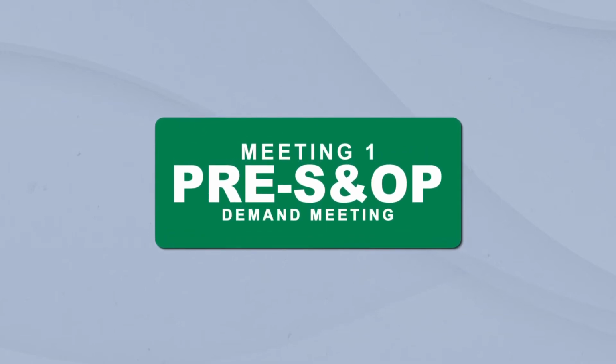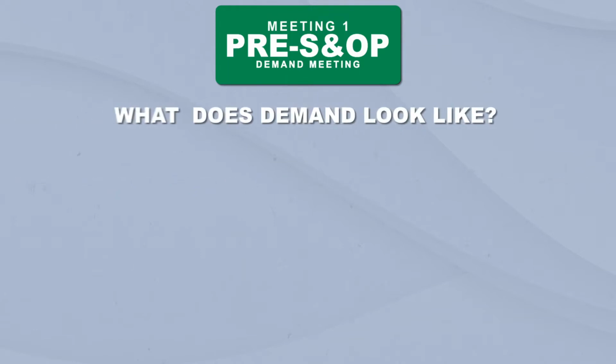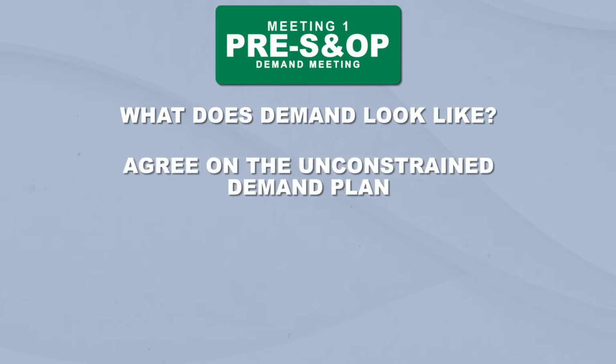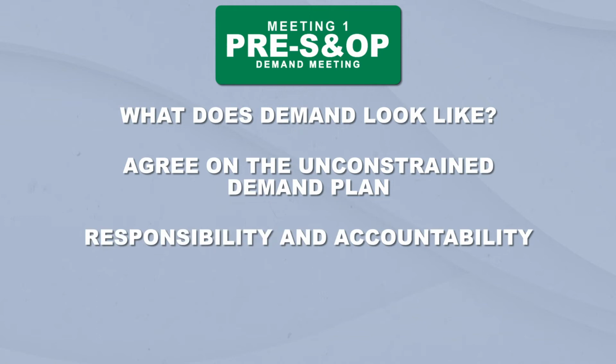So the first meeting is the pre-S&OP demand meeting. This should clearly be above the line. This is where we answer the question of, what does demand look like? In this meeting, we agree on the unconstrained demand plan. The responsibility and accountability for this view of demand lies in one or a combination of the following areas of the organization.